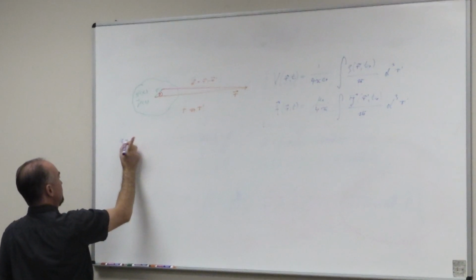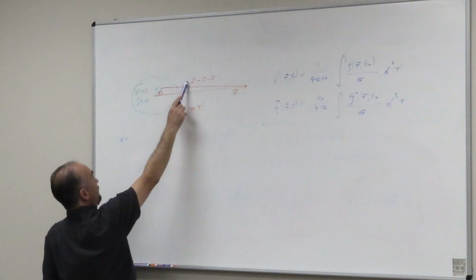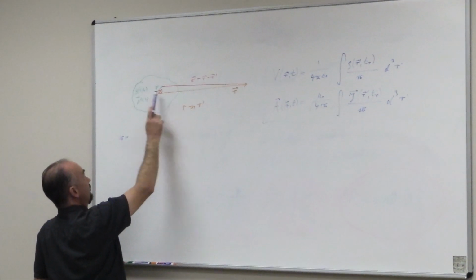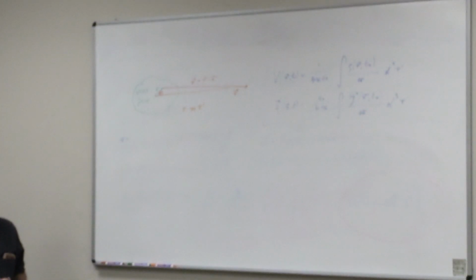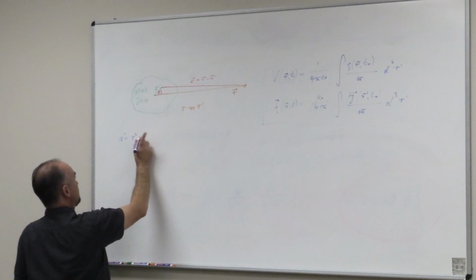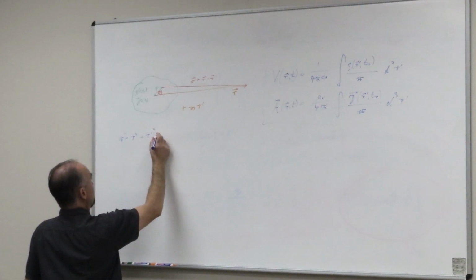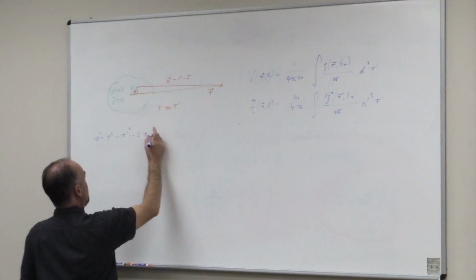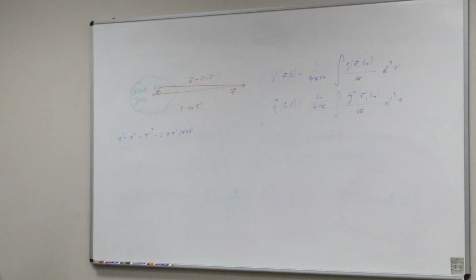Right, that is, by the law of cosines, this length squared plus this length squared minus 2 length times cosine theta. So script r squared is r squared plus r prime squared minus 2 r r prime cosine theta.